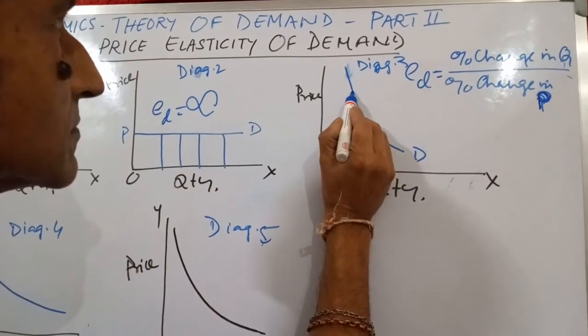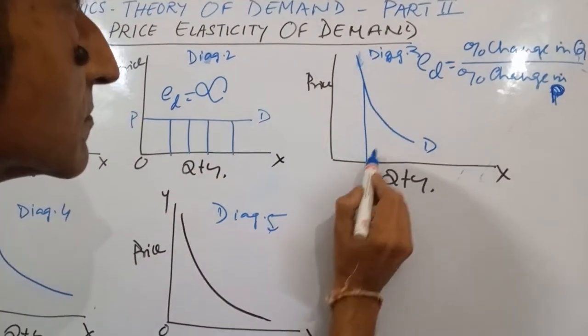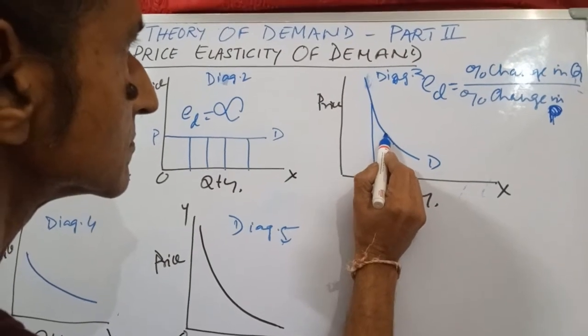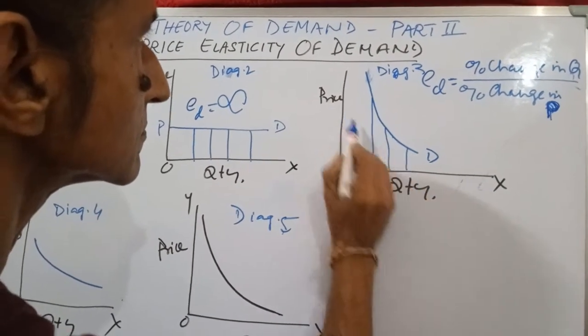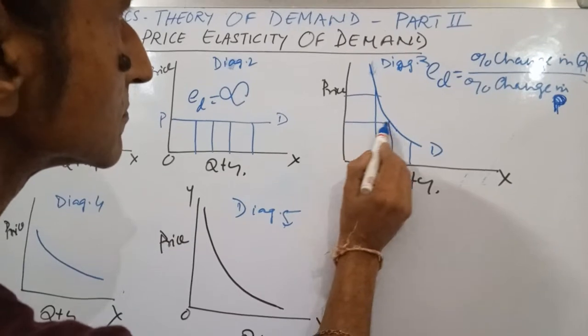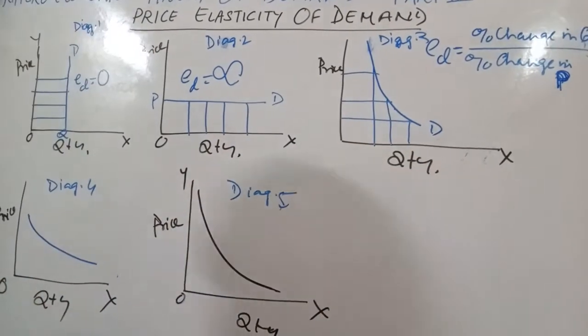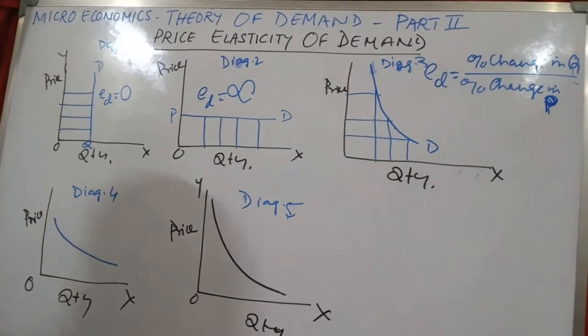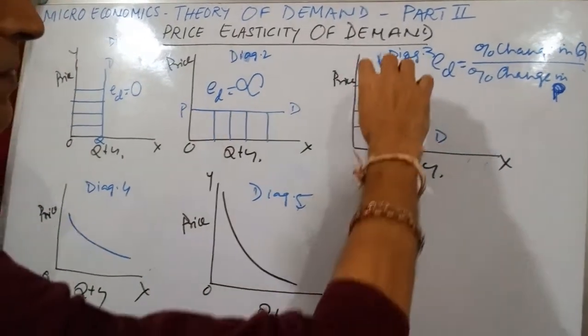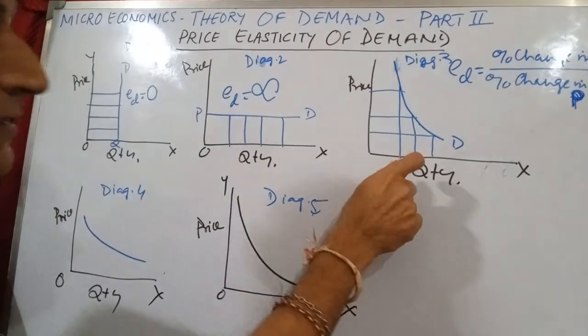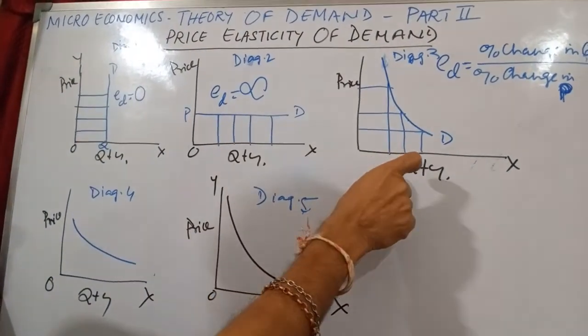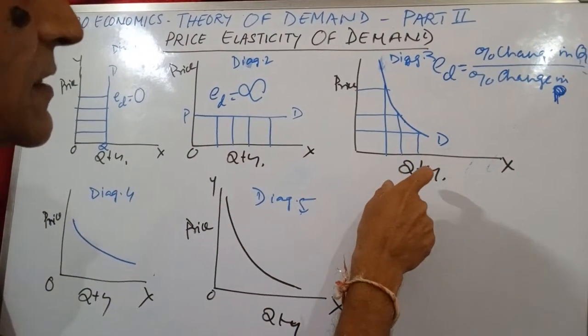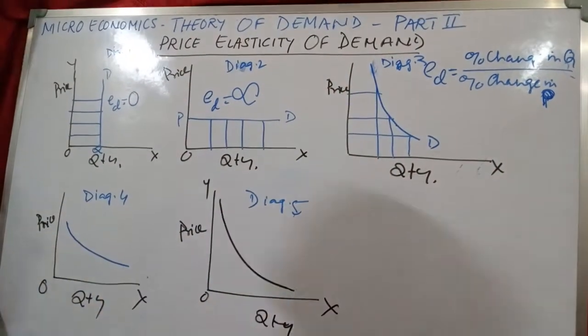Here you see, change in quantity demanded is lesser than change in price.